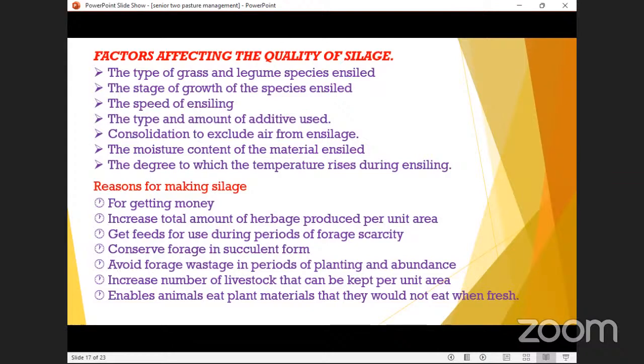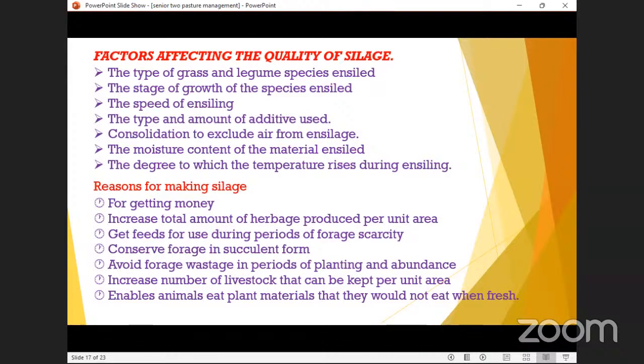So, reasons for making silage. Why should we make silage? Why don't we just allow our animals to go and eat grass from the bush there and come back? Number one, for getting money. People are selling silage to get money because it's a source of income, especially in dry season.